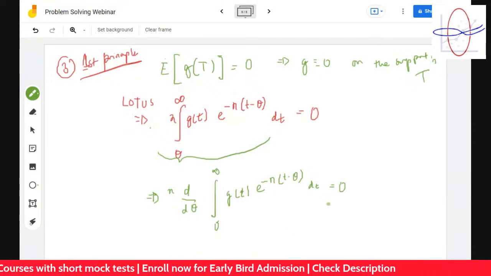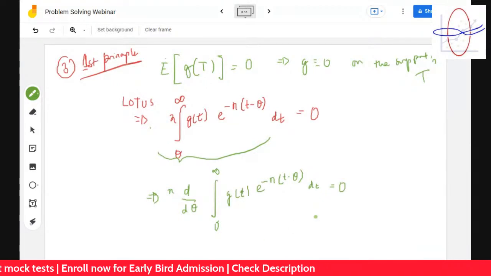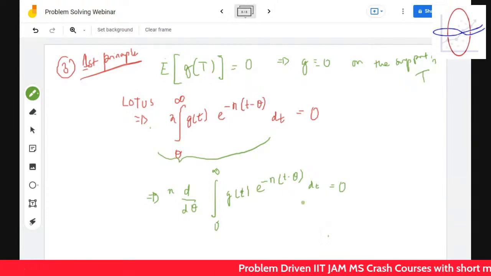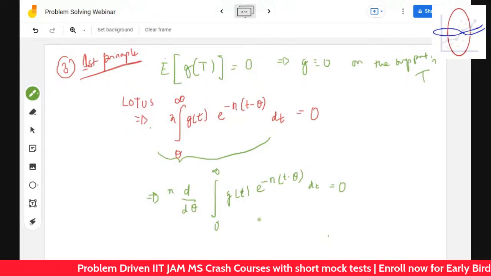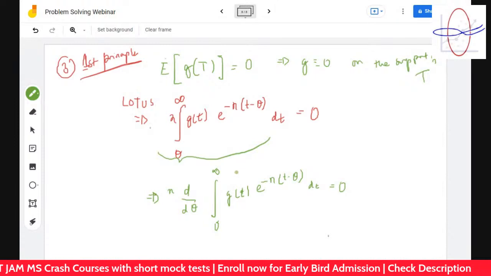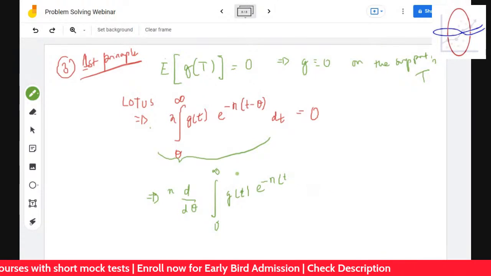And this is very important for this. If you do d theta, dt, if you remember... I didn't understand where this differentiation came from. Can you please explain? Sure.